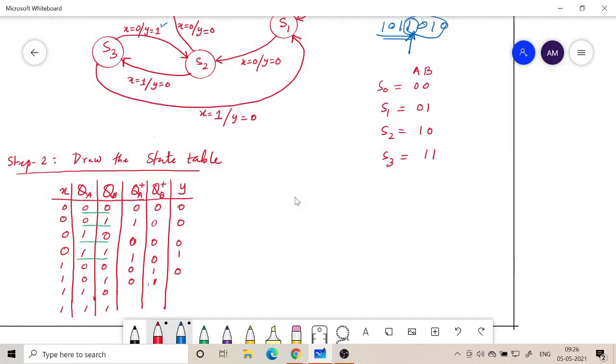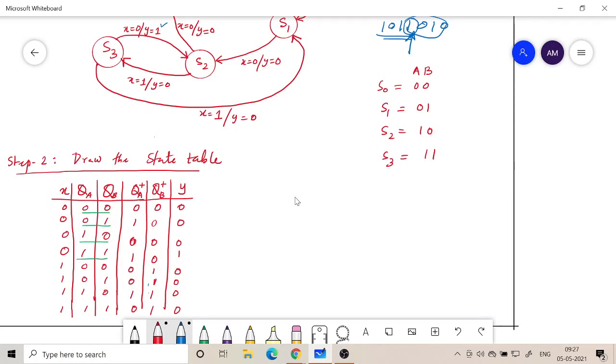Then the next case is 1 0, that means I am at S2 and I get a 1, so I move to S3, which is 1 1, but here the output is 0. Then I am at 1 1, and I get x equal to 1, then I go back to S1, which is 0 1, output is 0. So this is my state table.